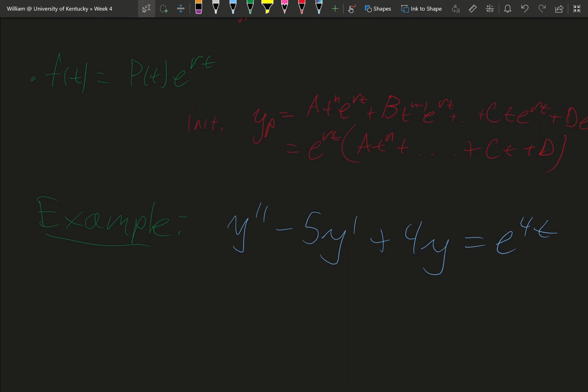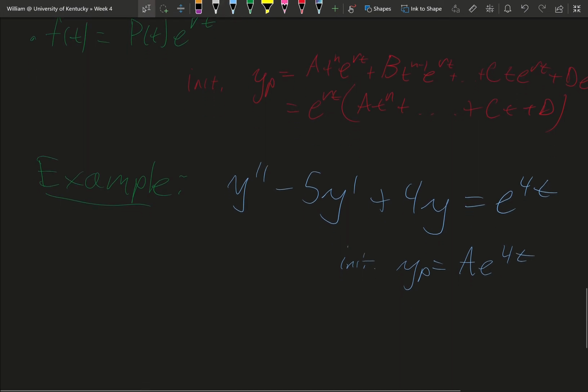So right by here, our initial guess for our particular solution would be a e to the 4t. But let's look actually at what happens when we plug this in.